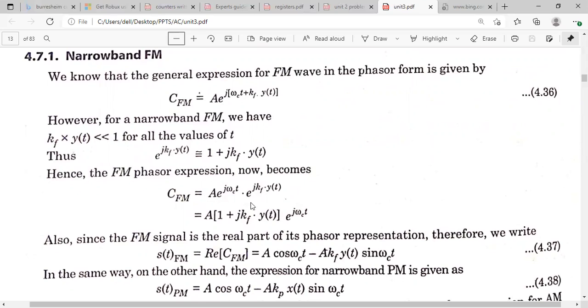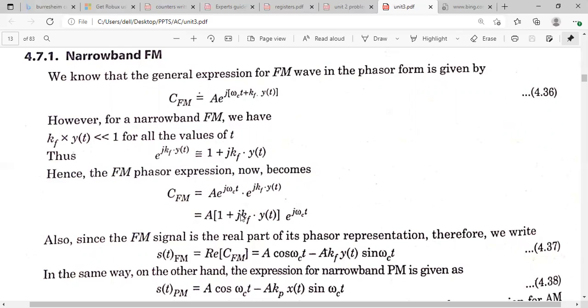So this is the expression when the frequency sensitivity is very much less than 1. And we know that e power j theta is cos theta plus j sin theta. In the similar way, you can write cos omega ct plus j sin omega ct.